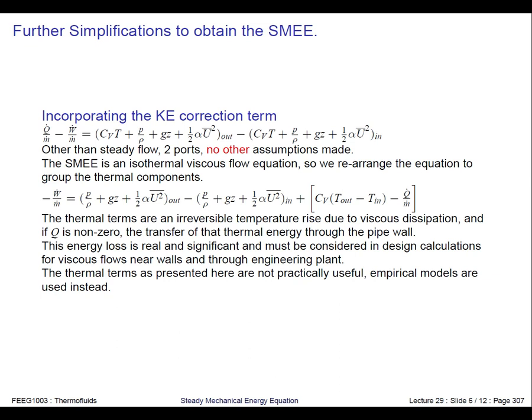So we rearrange this equation, and we're never going to have thermal heat transfer through the pipe wall, so we're not really interested in that. This is effectively our pump, and this is the kinetic energy going out of my pump, say, and this is the total energy coming into my pump, and these are effectively my losses.